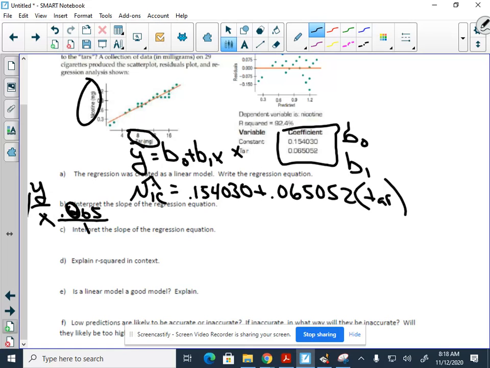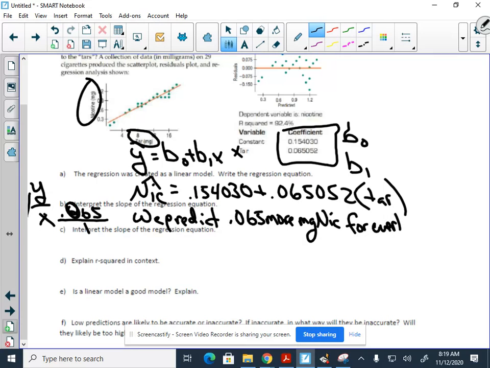So y goes up 0.065, that means nicotine, we predict 0.065 more milligrams of nicotine for every 1 more milligram in tar. Okay, hopefully something you've got down at this point.